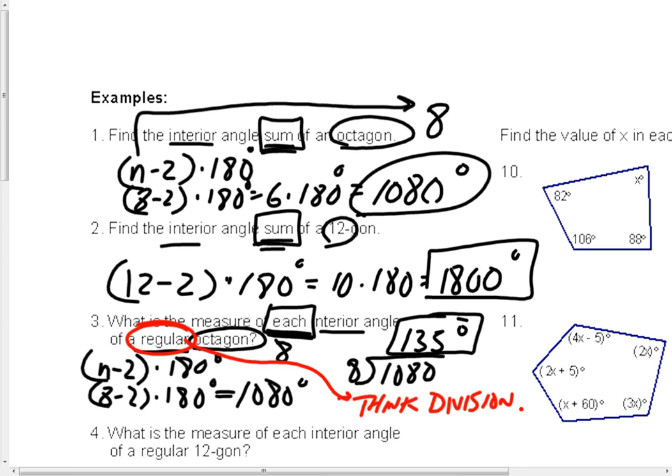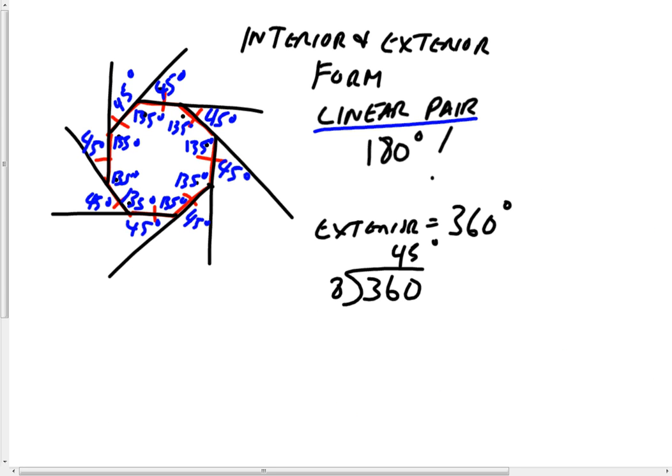So this is an interior angle procedure or path, but I could have easily gone to the outside and come back in. And the only reason I could do that was because it was a regular situation. But keep that in mind. If you're stuck on something, you're probably ignoring that the interior and the exterior form a linear pair.